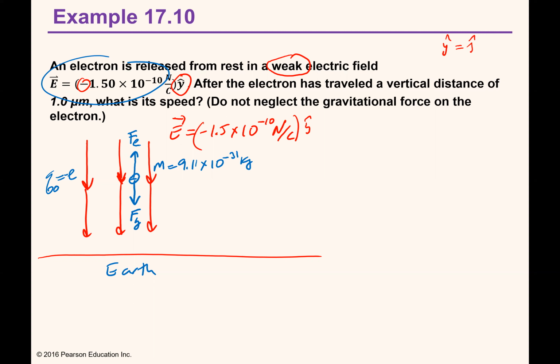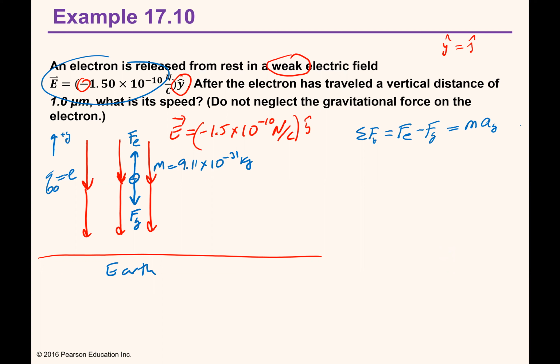Then taking up as my positive direction, this test charge has a net force of electric force minus gravitational force, because both of those forces are vertical. So Fe minus Fg equals m times a y.